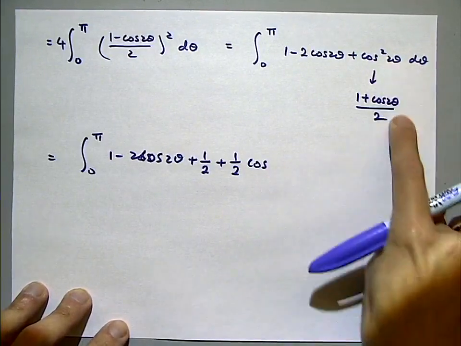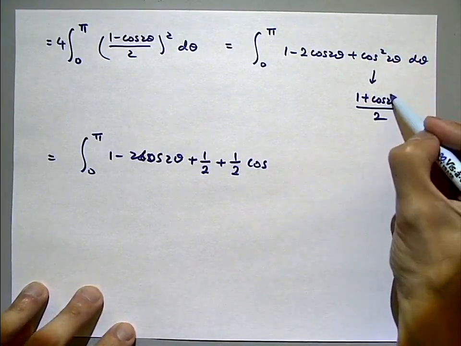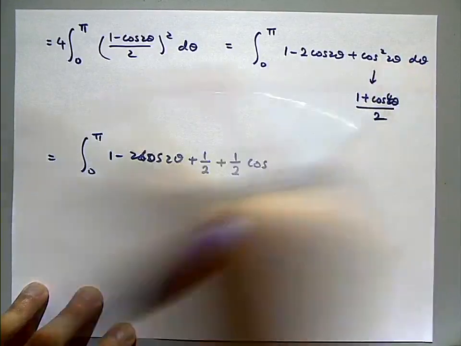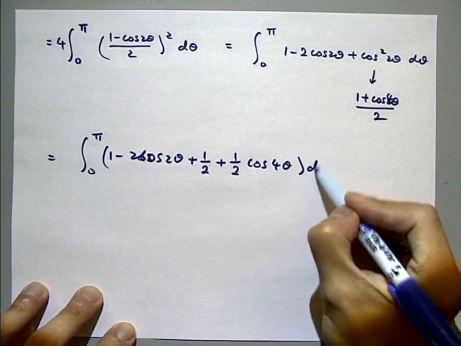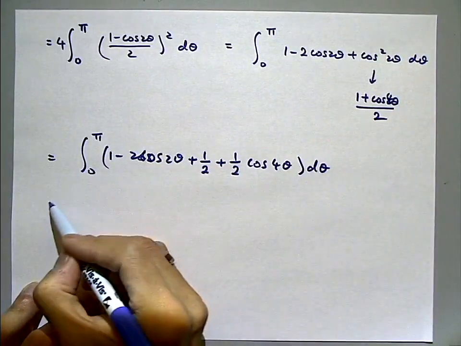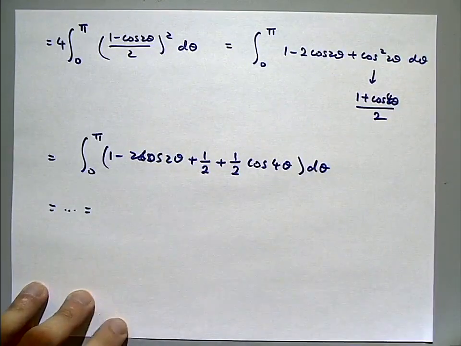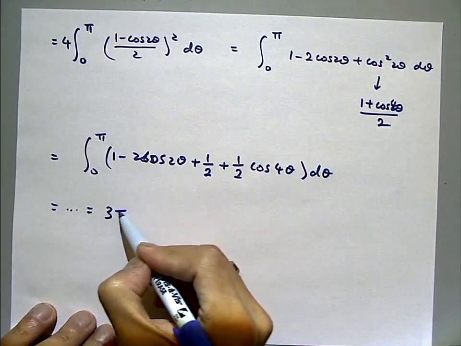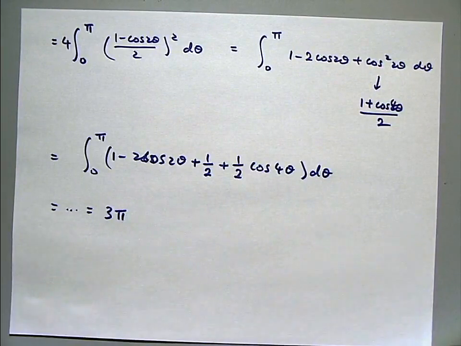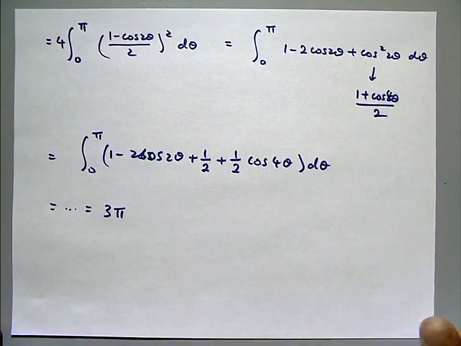What's twice of 2 theta? Well, 4 theta, right? It's twice of this. 4 theta. Okay, rest of this is easy. You should end up getting, what is it? 3 pi. Huh. It's amazing that volume of that strange looking thing turns out to be such a nice number, 3 pi.